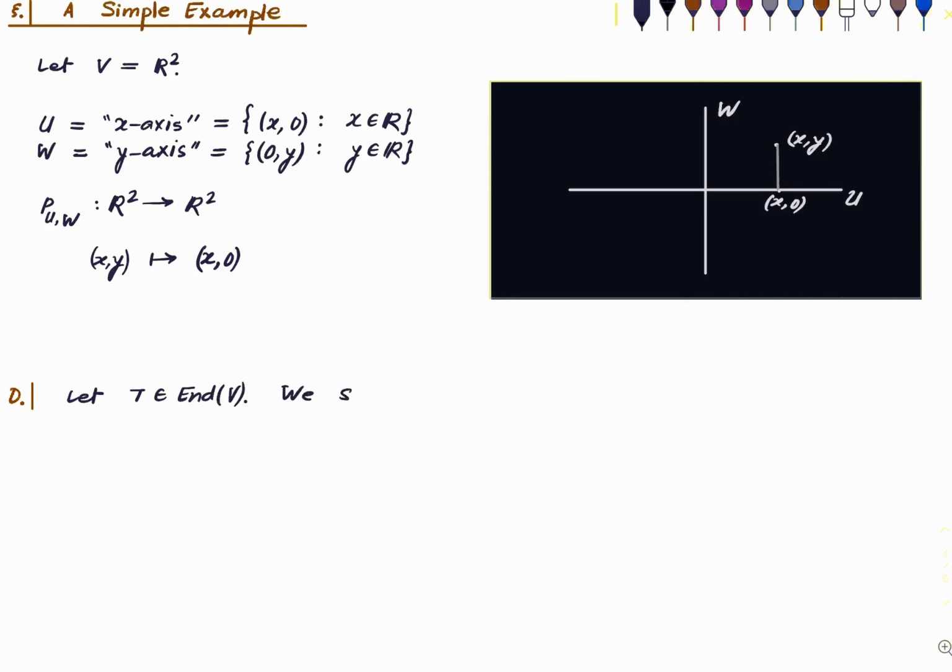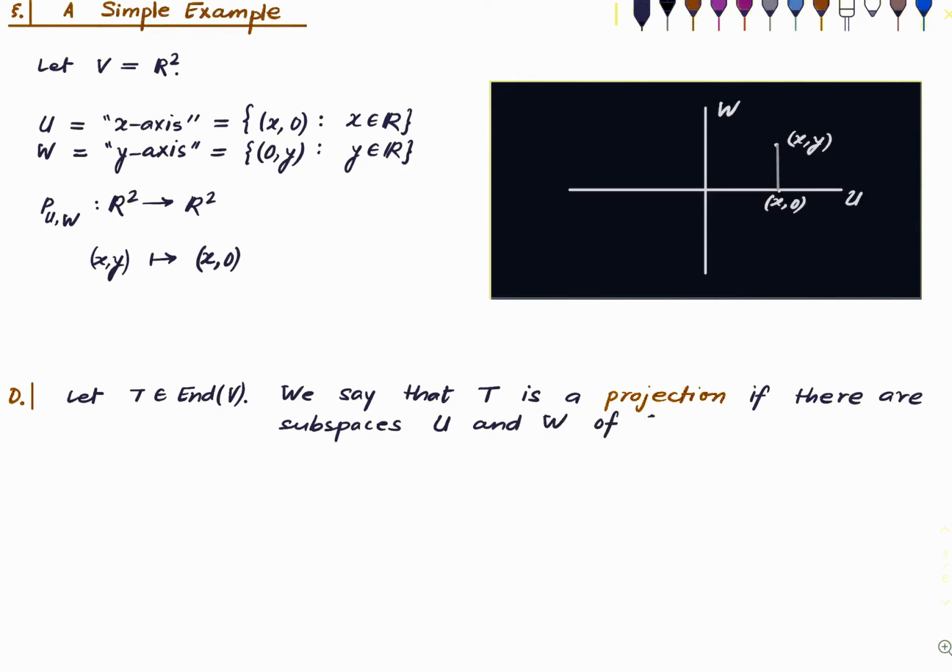We say that T is a projection if there are subspaces U and W of V such that two things happen: V is equal to U direct sum W, and T is the projection of V onto U with respect to W.